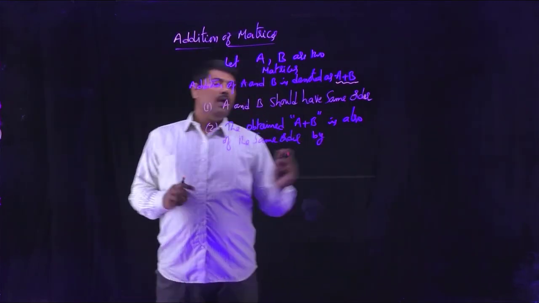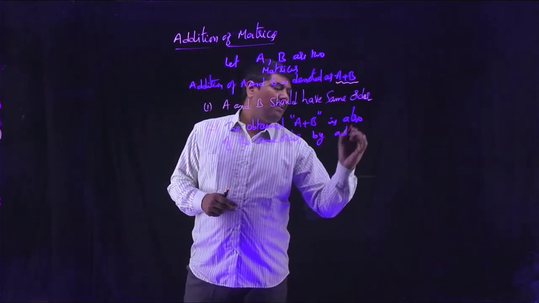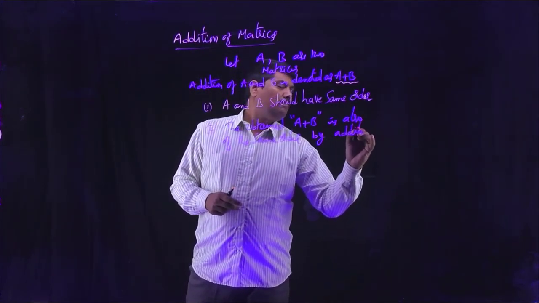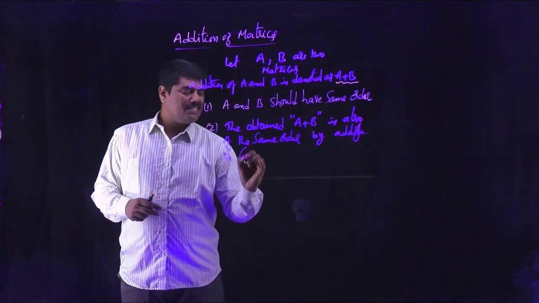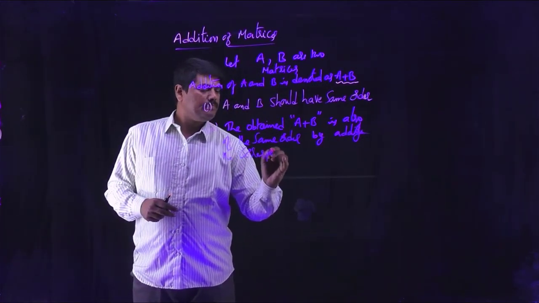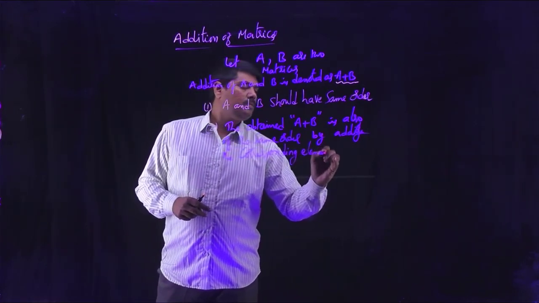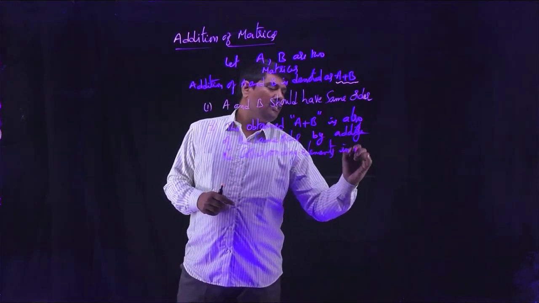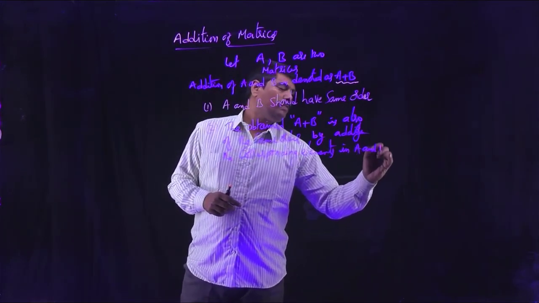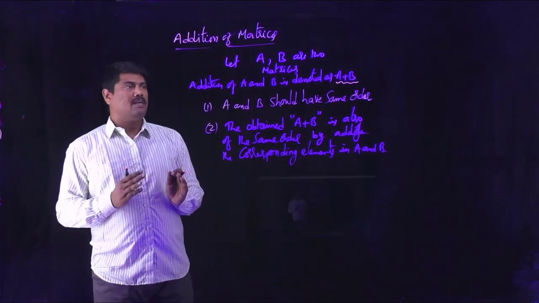How can you do the addition? By adding the corresponding elements in A and B. So this is the concept of how you can add two matrices.